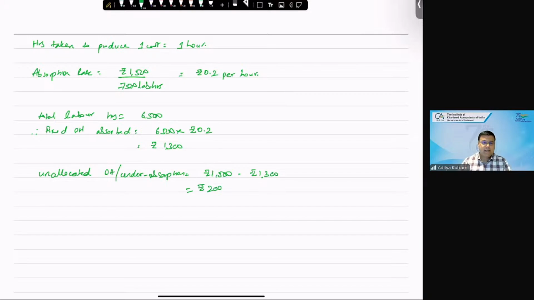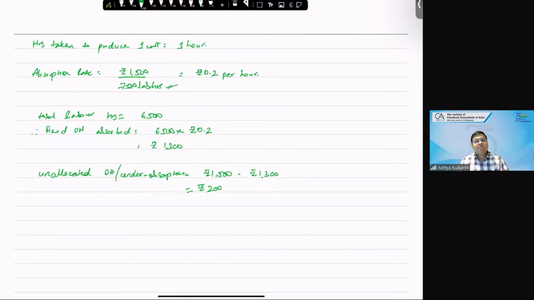So 200 is going to be your under absorption, 200. Now, what are you going to do with this 200? This will be expensed off. Why? Because you have allocated based on normal capacity. You had expected that I will at least utilize 7,500 labor hours.